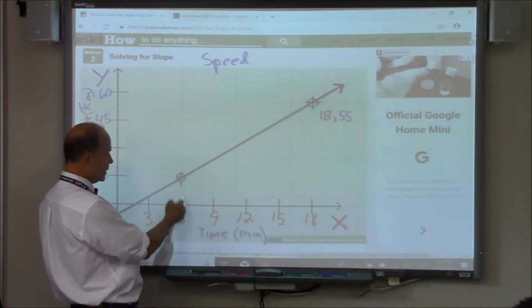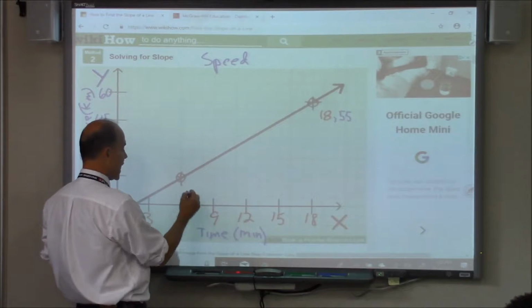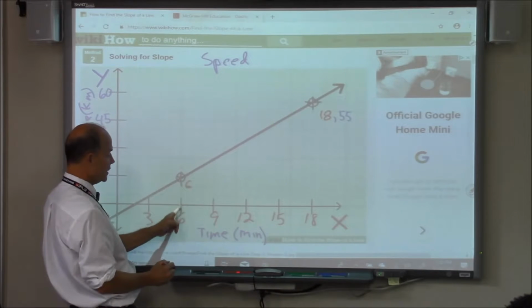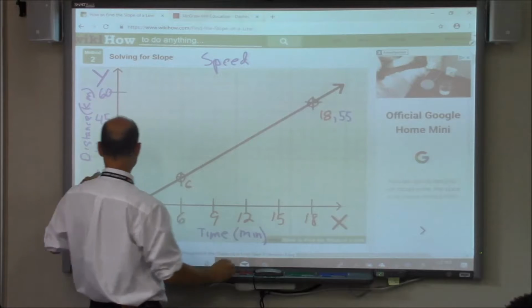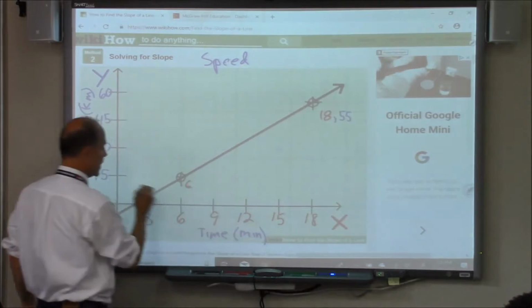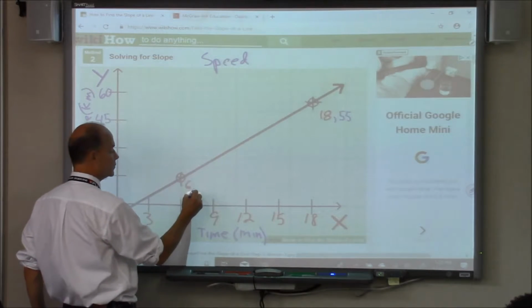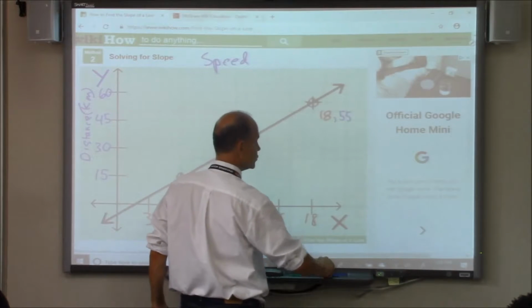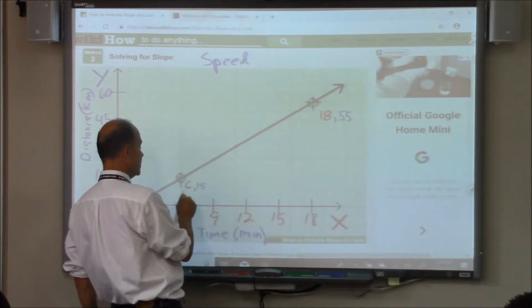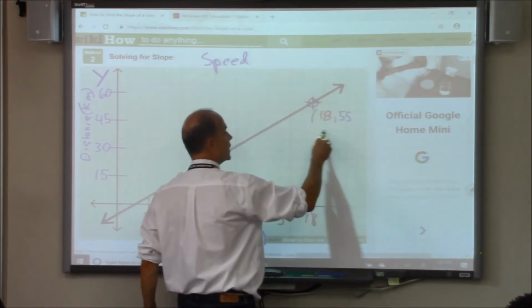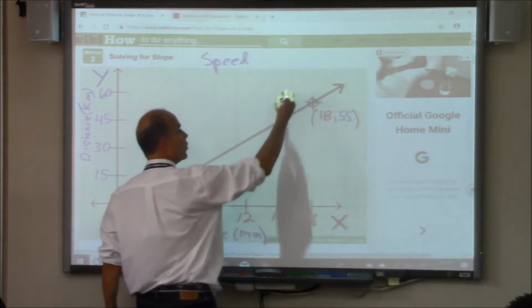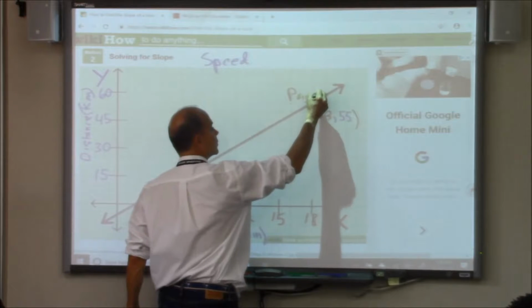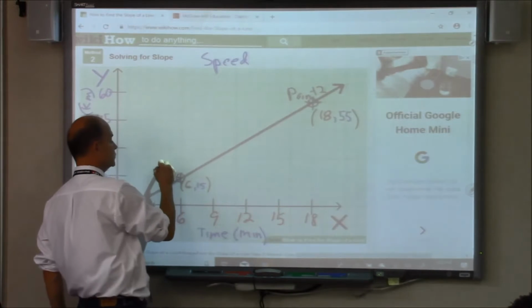This point right down here, the x-coordinate is at 6. You can see that, right there's the 6. And then the y-coordinate is at 15 right here. So these are the coordinate pairs for those two points. Usually they will put these in brackets. But again, this is point 2 and this is point 1.